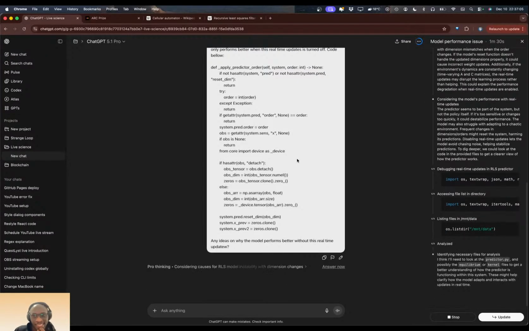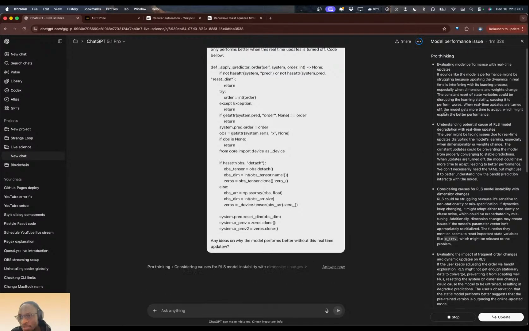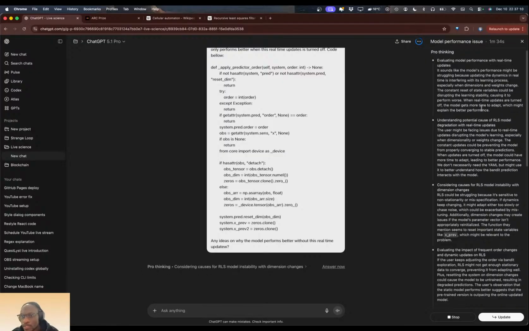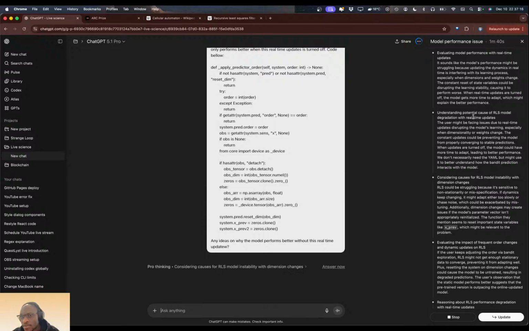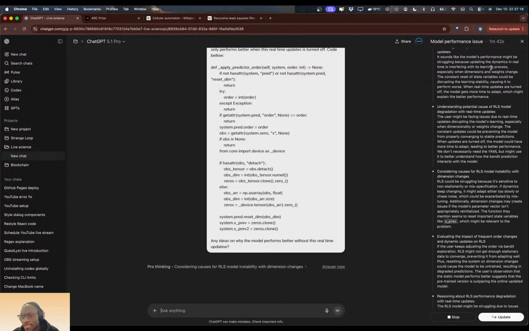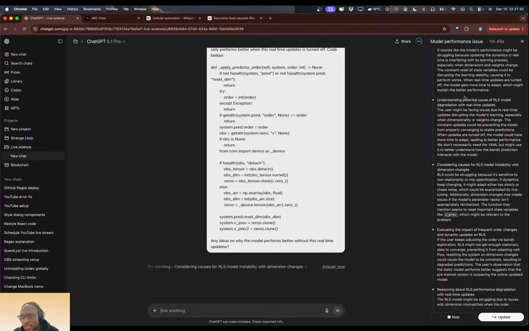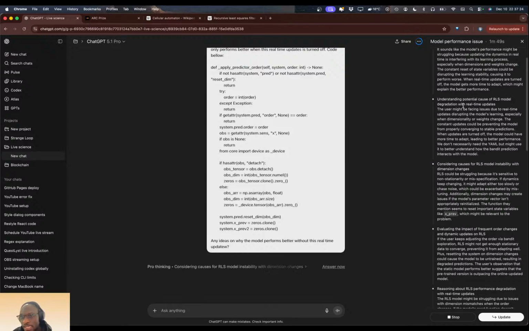Evaluating model performance with real-time updates. Sounds like model performance might be struggling because updating the dynamics in real time is interfering with its learning process. That's true, especially when the dimensions and weights change.